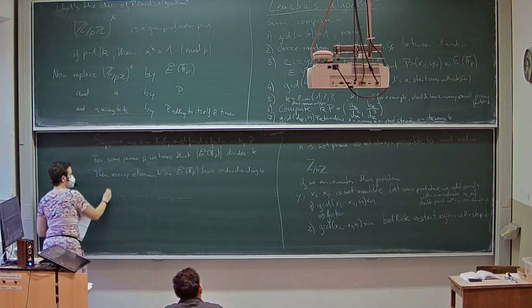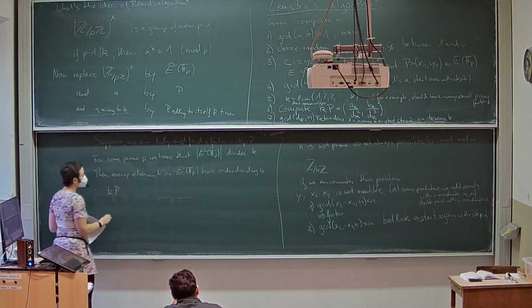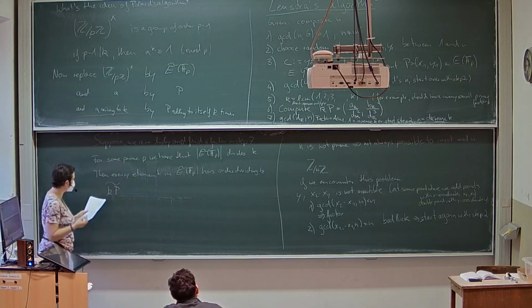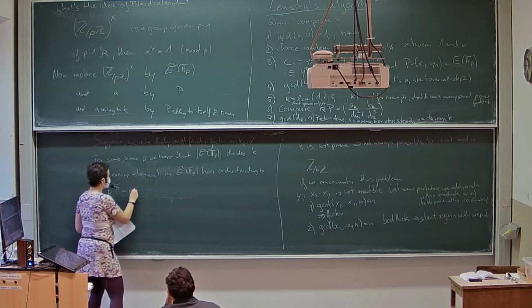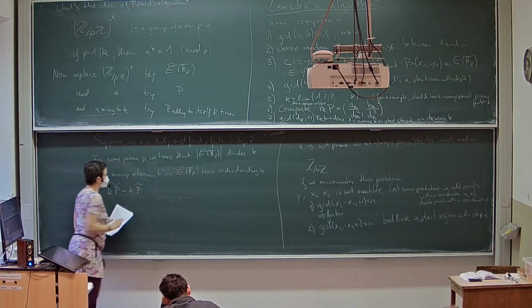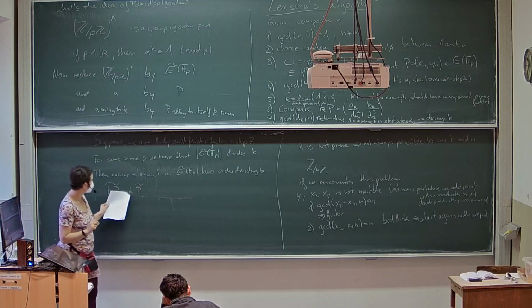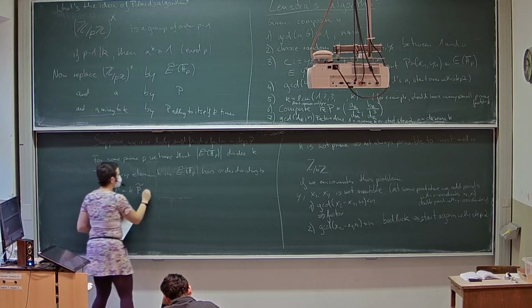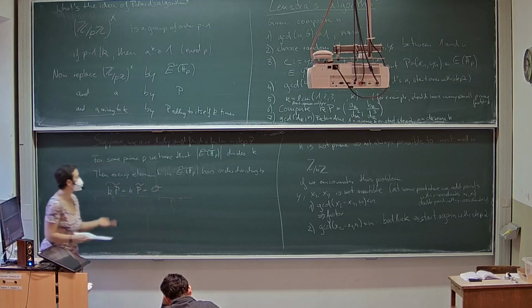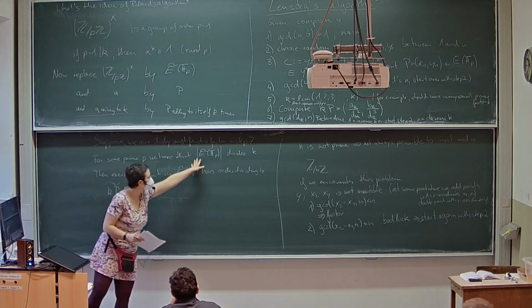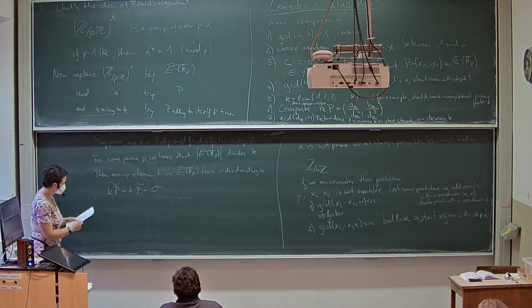So if we now look at k times some point, and then reduce the coordinates, we add it to itself k times, and it becomes the point at infinity, because for some p this divides k.